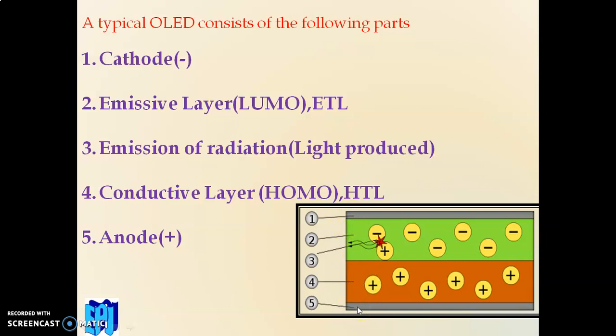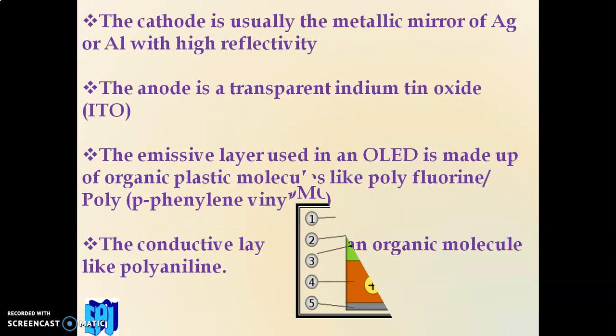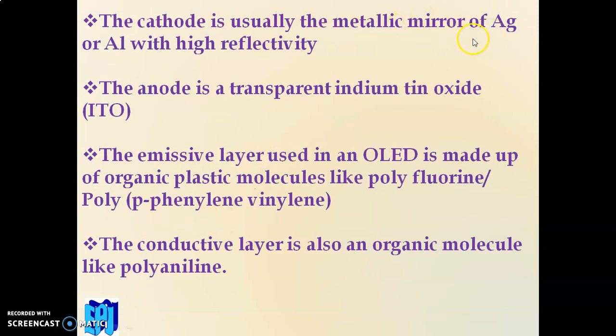Let us discuss each part in detail. The cathode is usually a metallic mirror of Ag or Al with high reflectivity. The anode is transparent indium tin oxide, known as ITO.